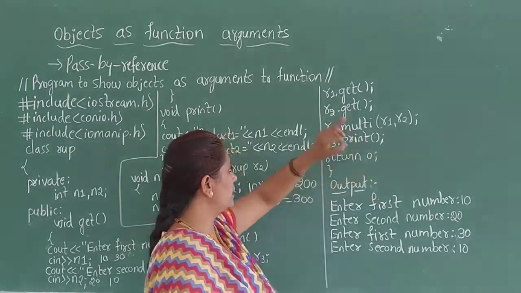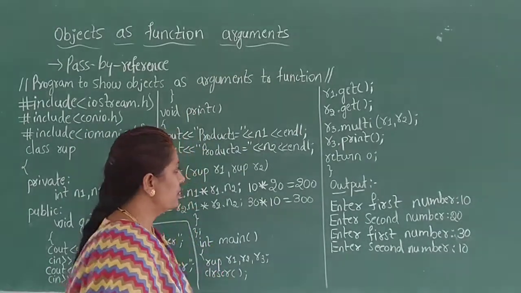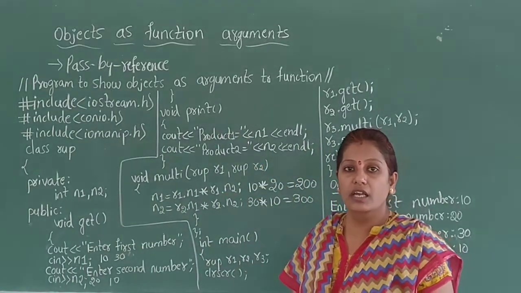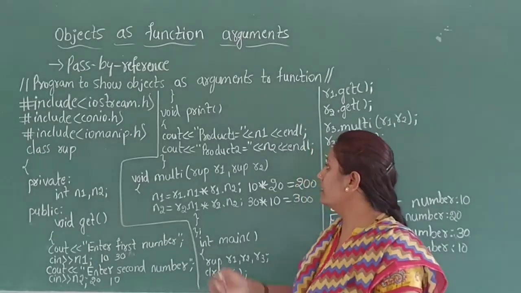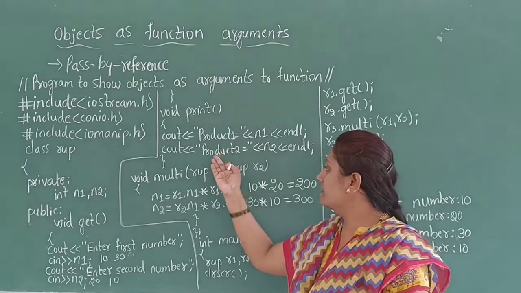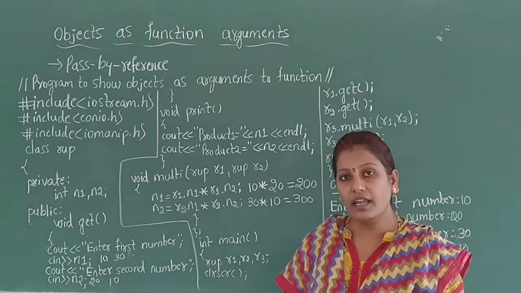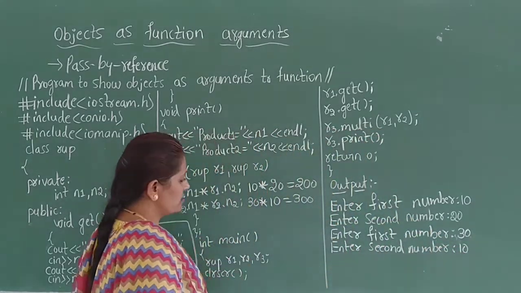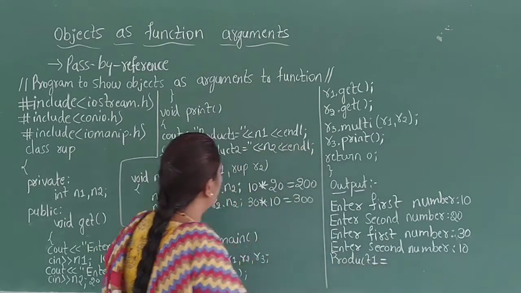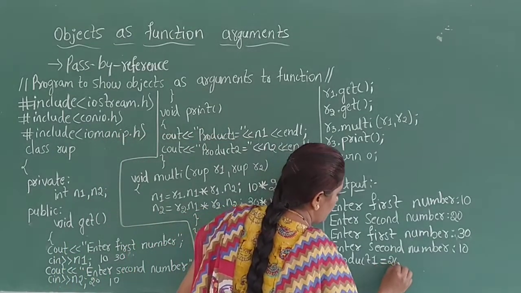Control connects to the print member function where it is defined in the class. In this member function we have two executable statements. One is product1 is equal to, displaying the N1 value, and the second one is product2 is equal to, displaying the N2 value. Product1 is equal to N1, whose calculated value is 200.